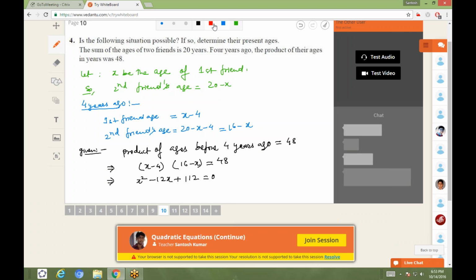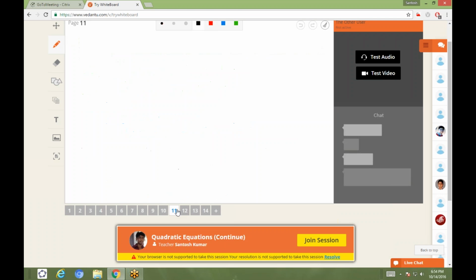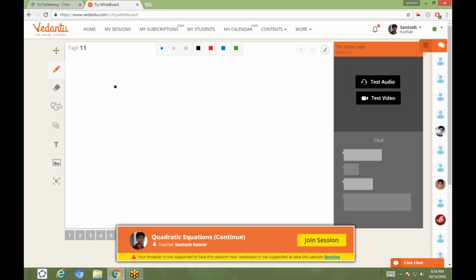If we compare it with the standard form of a quadratic equation, A is 1, B is minus 12, and C is 112. Very good. So now the discriminant will be B square minus 4AC. Mufassir, are you getting it? Tell me, Aditi.